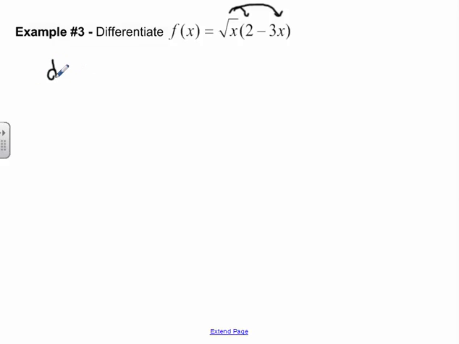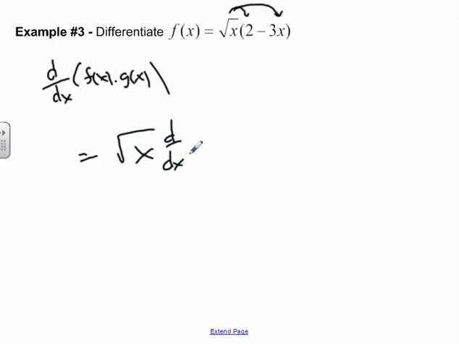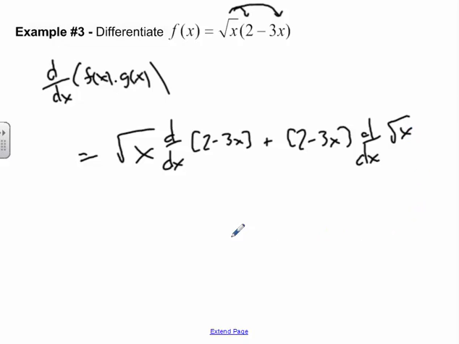The product rule says to find the derivative of f of x times g of x, that is equal to the first times the derivative of the second plus the second times the derivative of the first. That is the new equation for our derivative.